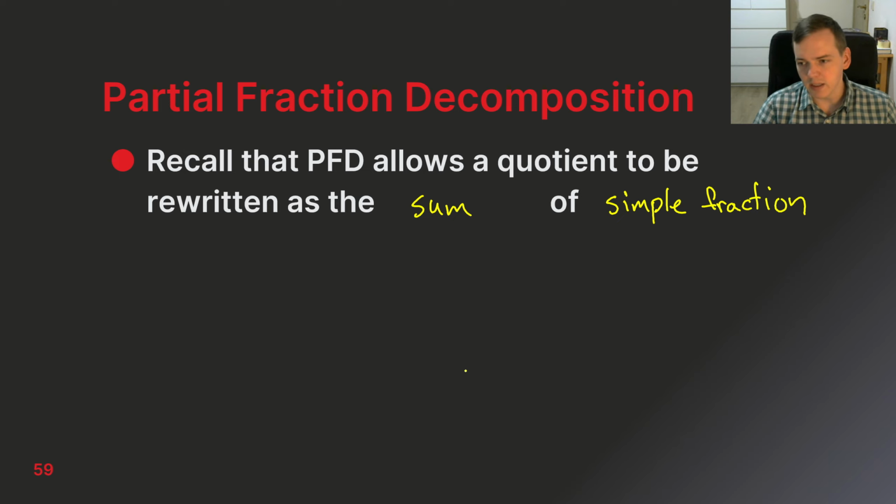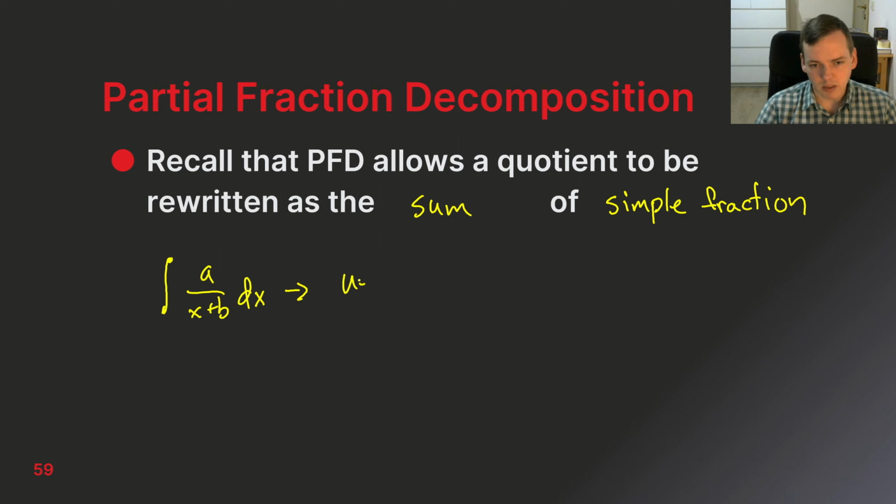We rewrite the original function as something simpler. And we also know that anytime we have something of the form integral of a over x plus b, that's going to have to be integrated using u substitution.